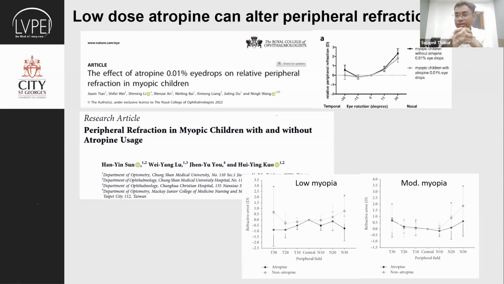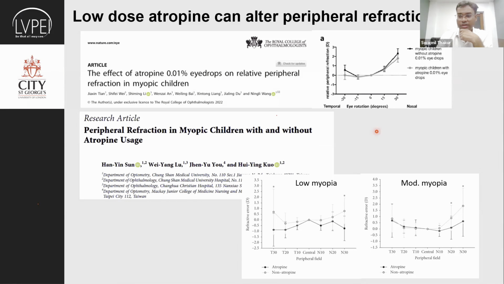But interestingly, there are a few studies which say that low-concentration atropine can also alter the relative peripheral refraction. One recent study by Tian et al. gave 0.01% atropine for 1 year and monitored how the relative peripheral refraction changed in comparison to the control arm.